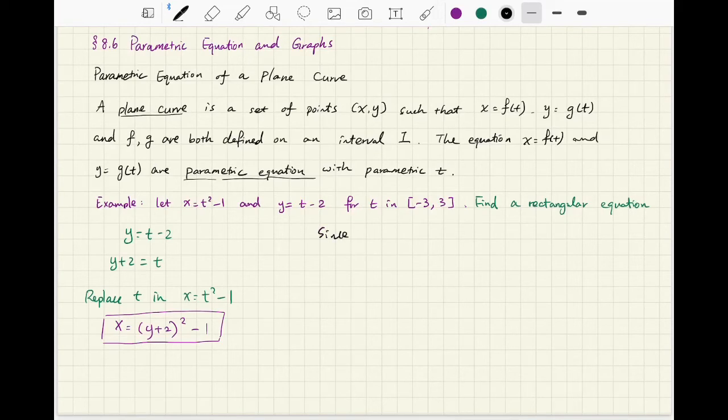So since t is in negative 3 to 3, and x is equal to t squared minus 1, then when t equal to negative 3, x is going to be negative 3 squared minus 1, which is 8.